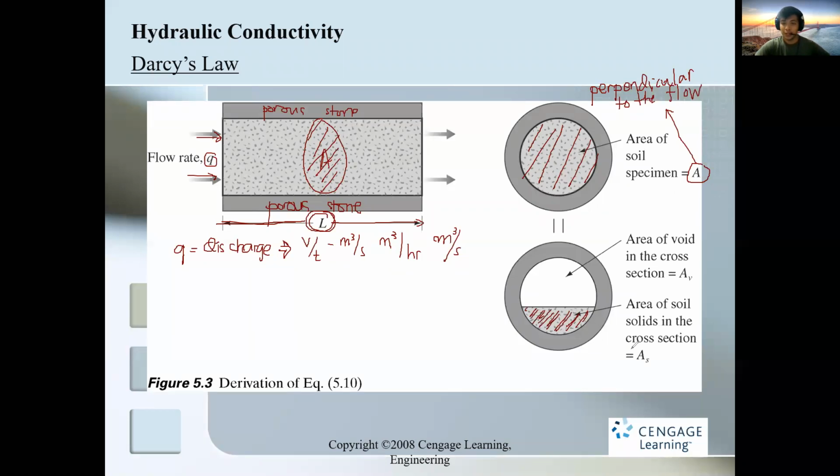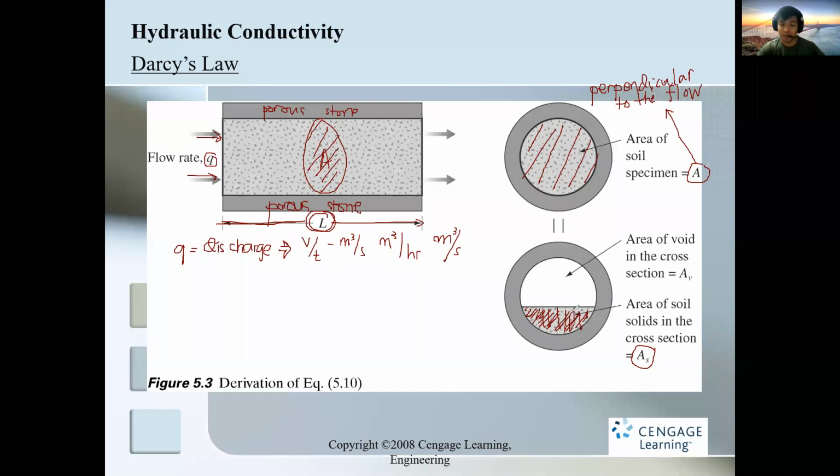And this particular area is the area of the solid. Okay? And this particular void space, let's say we can compress perfectly our soil solids, meaning we can group all the solids together at the bottom part. This is for the sake of illustration only.